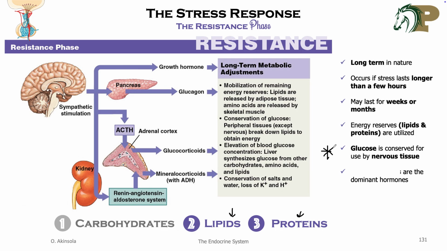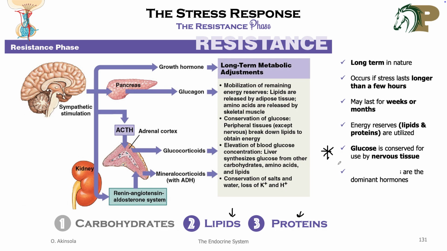That is a classic characteristic of the resistance phase. If you see a phrase or term like that on a test question, you need to be thinking the resistance phase, or anything related to it.